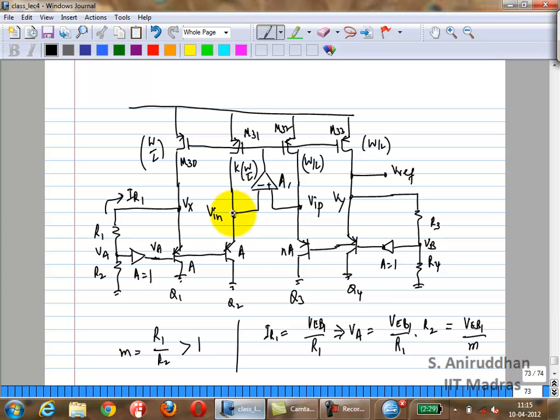What is VIN? VA plus VEB2, correct? So you have VA here plus VEB2, correct?